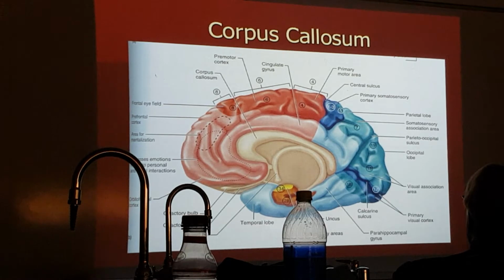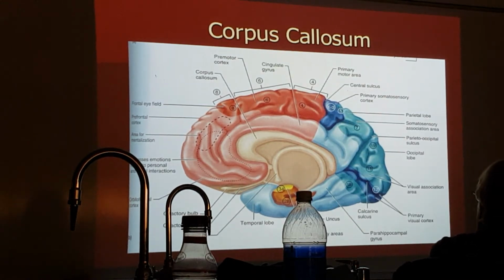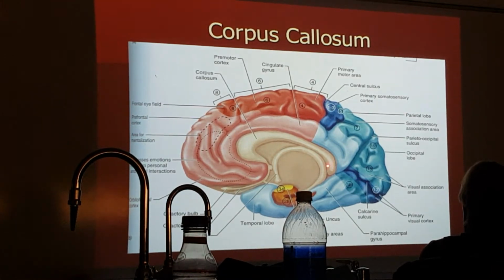The front part of it is called the genu of the corpus callosum, and the rear part is called the splenium of the corpus callosum.